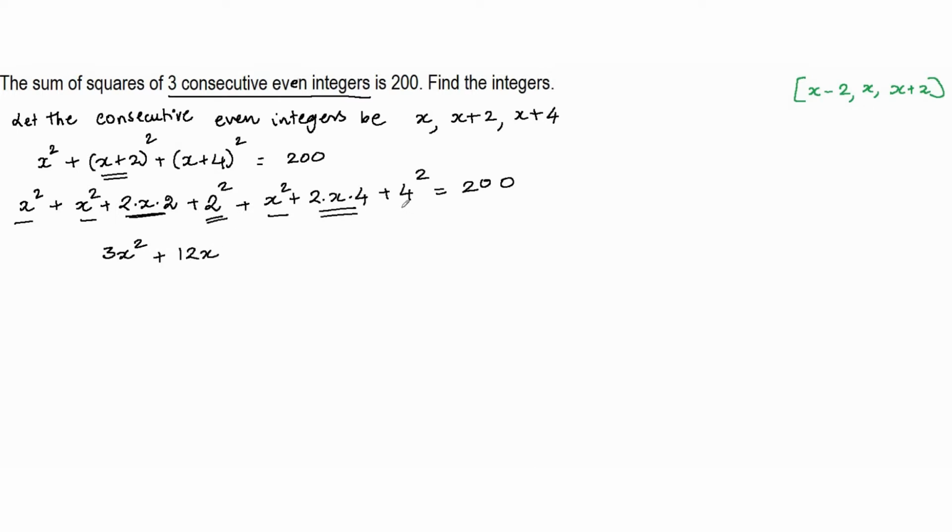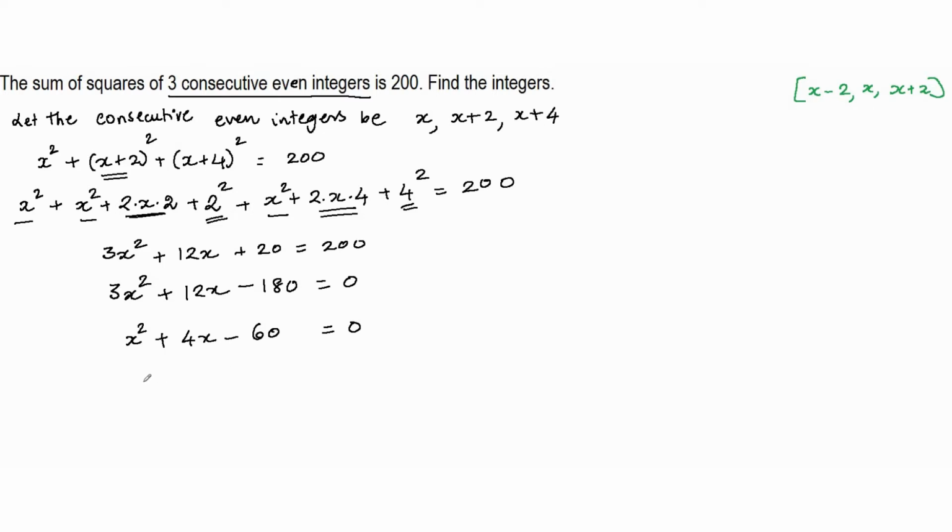And 4 plus 16 is 20, is equal to 200. So therefore 3x square plus 12x minus 180 is equal to 0. Dividing throughout by 3, I get x square plus 4x minus 60 is equal to 0.